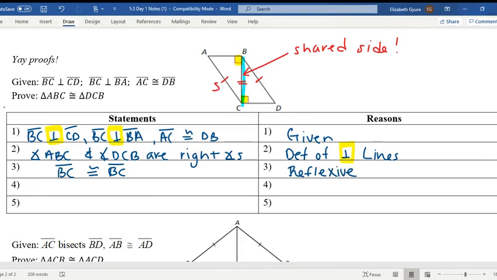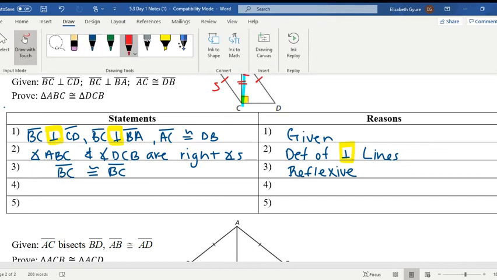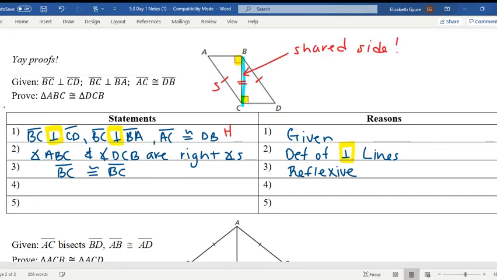So now from our given, we had our congruent hypotenuse, and now we have our congruent leg, don't we? If I have a congruent hypotenuse and a congruent leg, do I really need anything else? No, I've actually done what I need to do. We can now say that these two triangles are congruent. We actually have an extra line here.